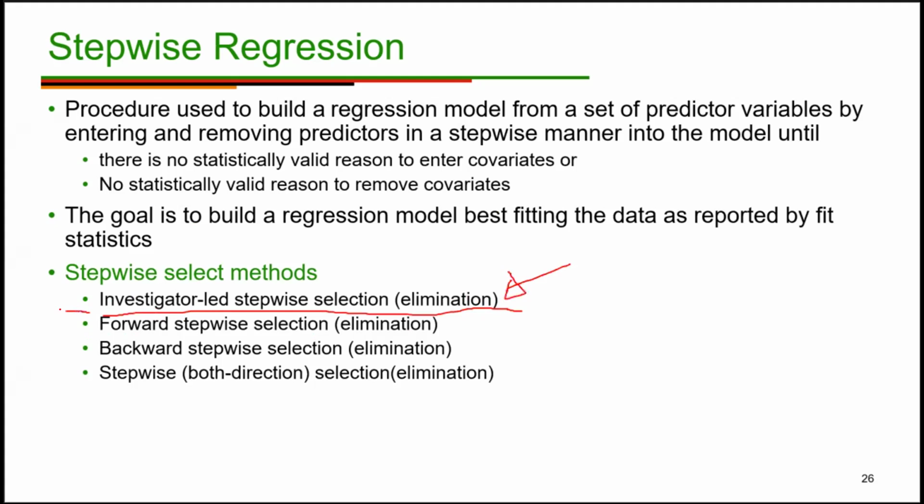So forward stepwise selection, backward stepwise selection, or stepwise selection are basically similar approaches. It's only how the model is entering or removing independent variables. For forward selection, it begins with a model without any predictors, and then it begins to add. Backward begins with a model with all the variables, and then it begins to remove.